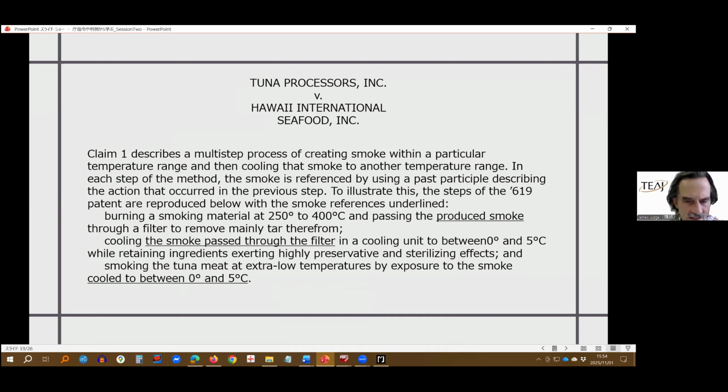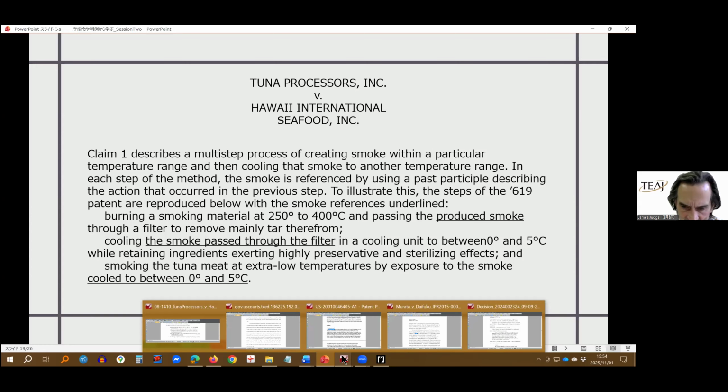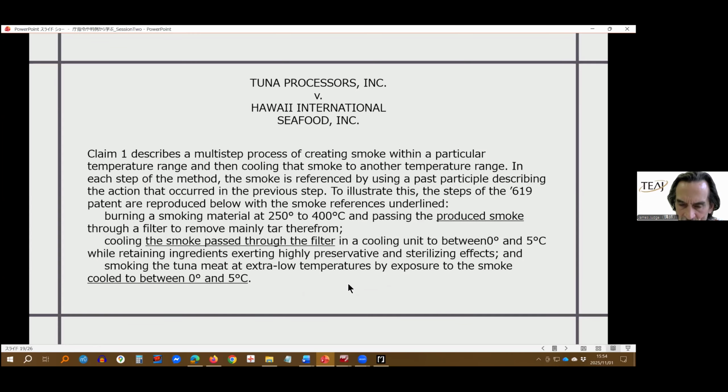This is actually a district court patent lawsuit. This company called Tuna Processors is a Japanese company that has a process for smoking maguro, tuna, to give it a special kind of taste.